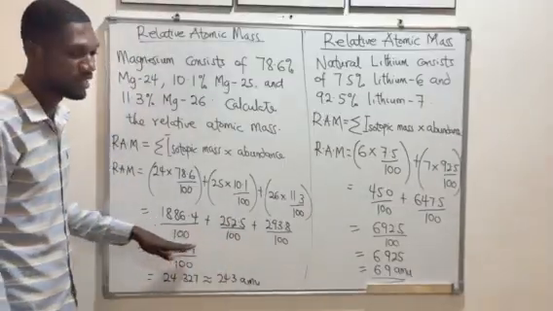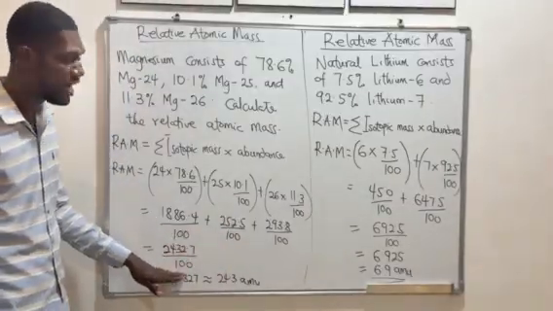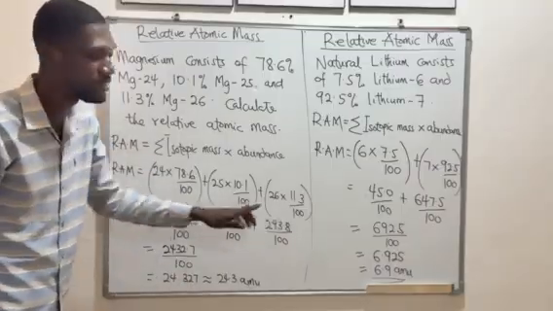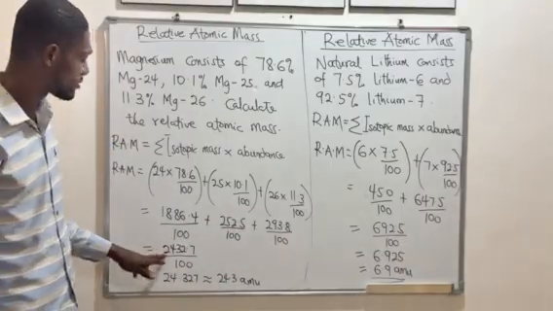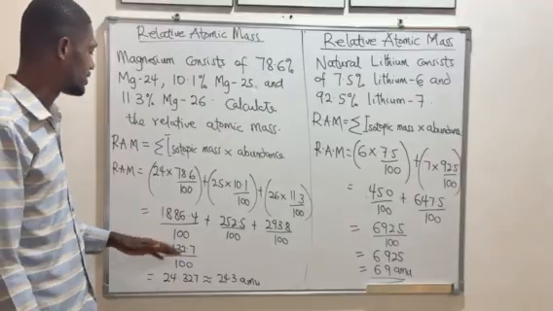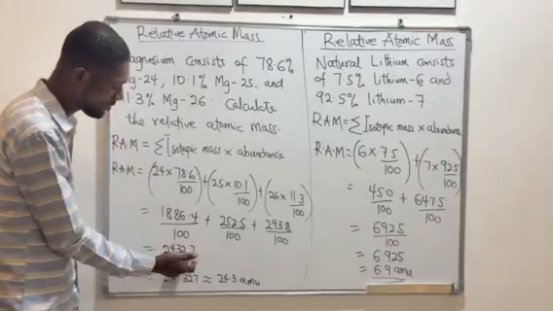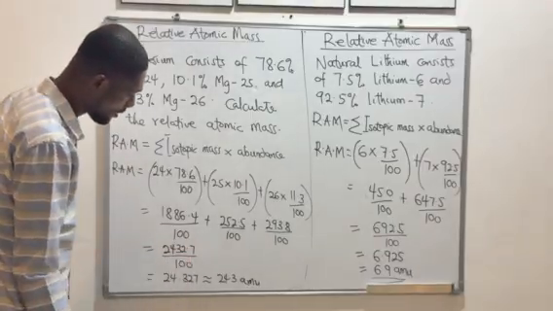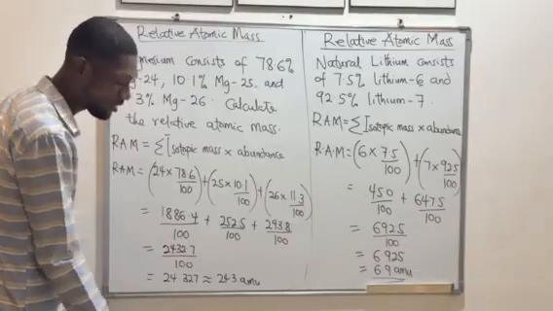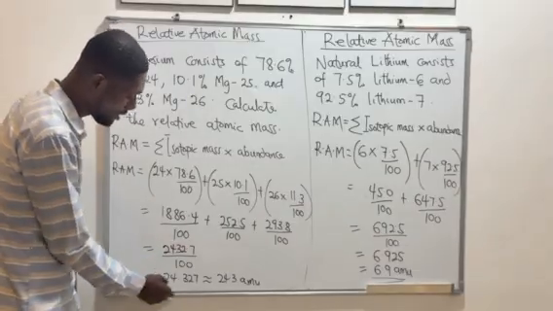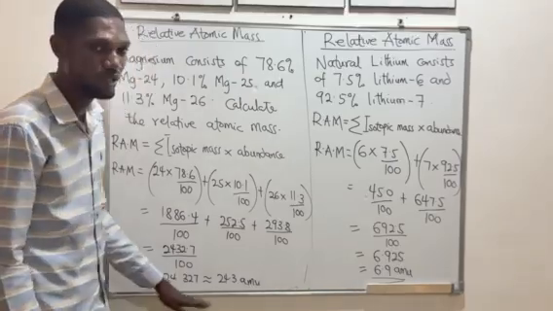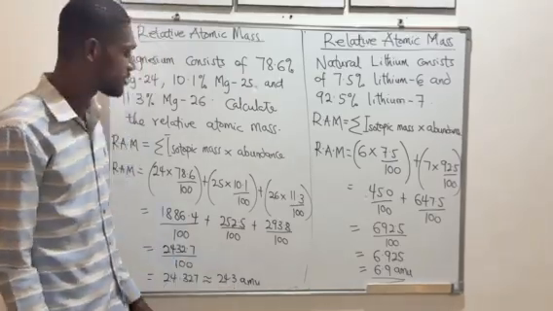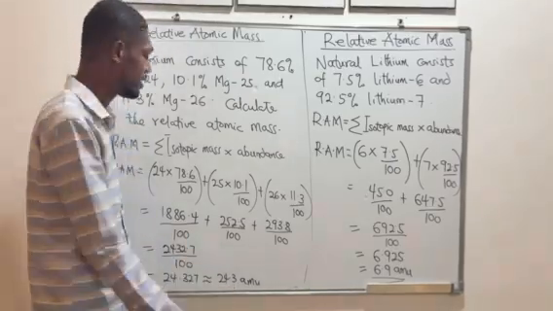Now because the denominators are the same, 100, we add the numerators. So adding the numerators gives us 2,432.7 over 100. 2,432.7 divided by 100 gives us 24.327, and then to one decimal place gives us 24.3 atomic mass units.